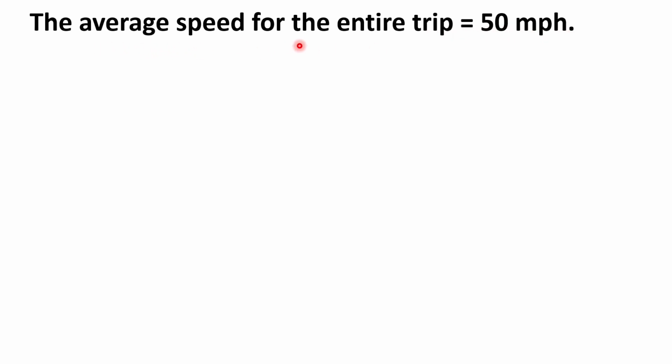What is the average speed? Obviously we will use the speed formula. According to the speed formula, speed equals distance divided by time. So distance divided by time equals 50 miles per hour. And here we put the value of t, which we have calculated earlier.